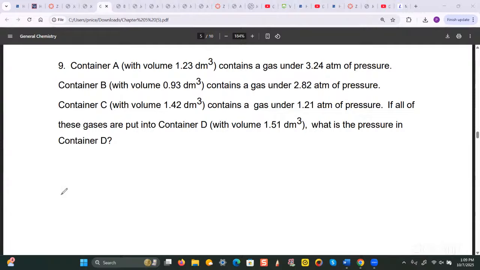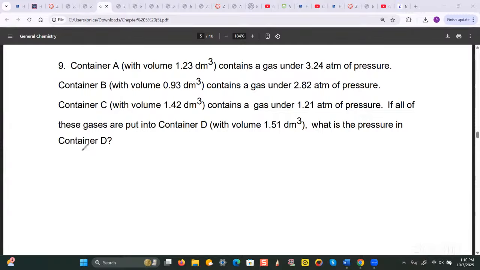One of the laws involves what happens to the pressure when the volume changes. Which law is that? Yes, ma'am. Boyle's law, exactly. And then there's another law which deals with mixtures. Dalton's law, exactly. Okay, very good.